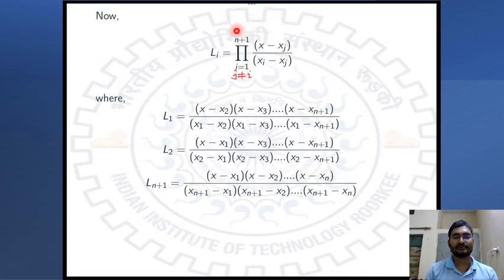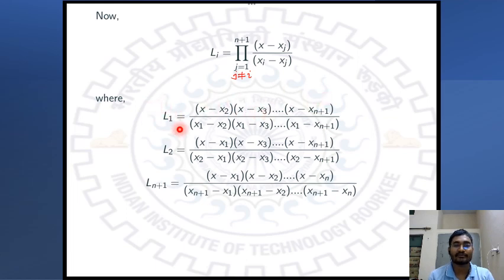In this slide we will see how we can find the Lagrange polynomial. This is the general form of the Lagrange polynomial, where j goes from 1 to n plus 1, and j is not equal to i. If you want to find the L1 value, L2 value, you just need to focus on this formula. In the numerator we have x minus x2, x minus x3, x minus x4.